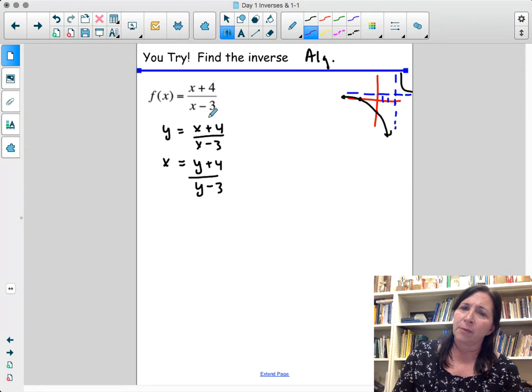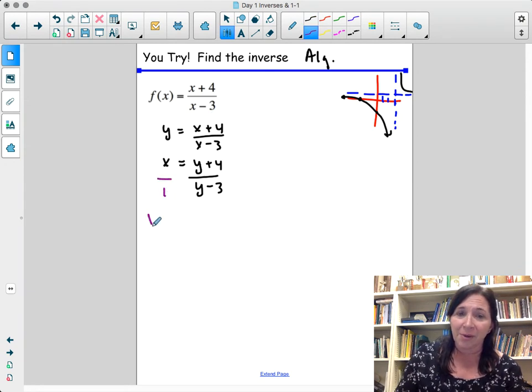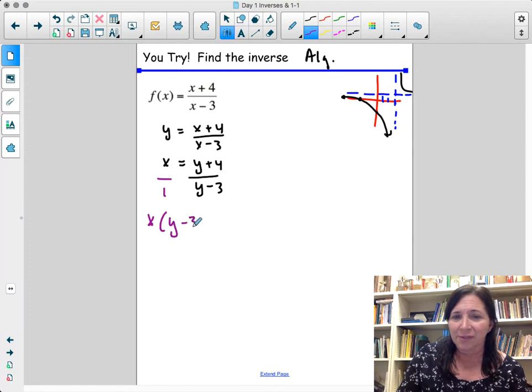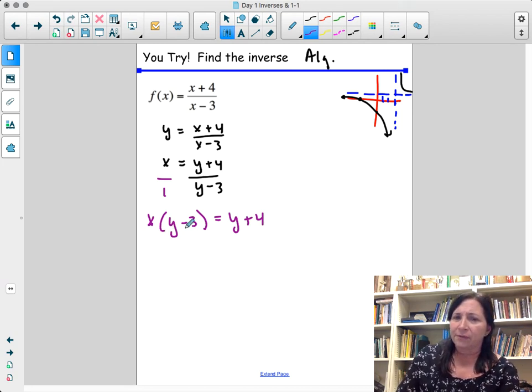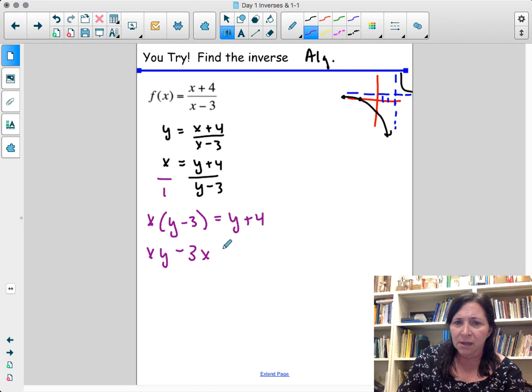So x times y minus 3 equals 1 times y plus 4. To solve for y, I actually need to get this y out of these parentheses. So I'm going to distribute first. So I have xy minus 3x equals y plus 4.